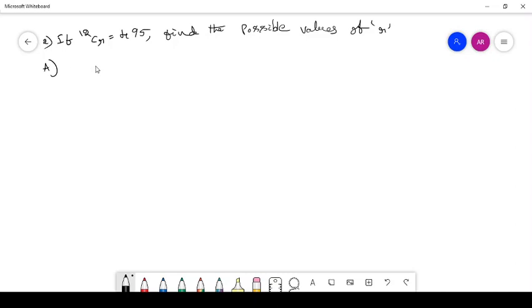In this problem, given that 12Cr is equal to 495, 495 can be written as 12C4. Sorry, this is 12C4.